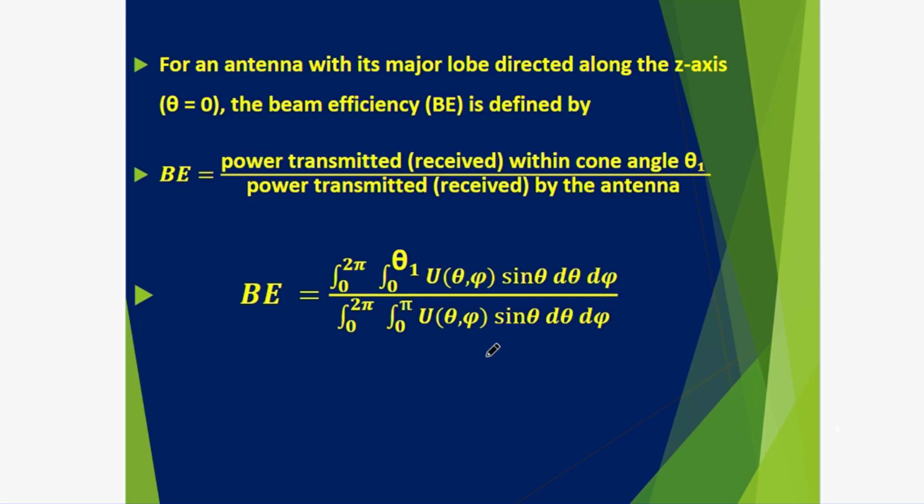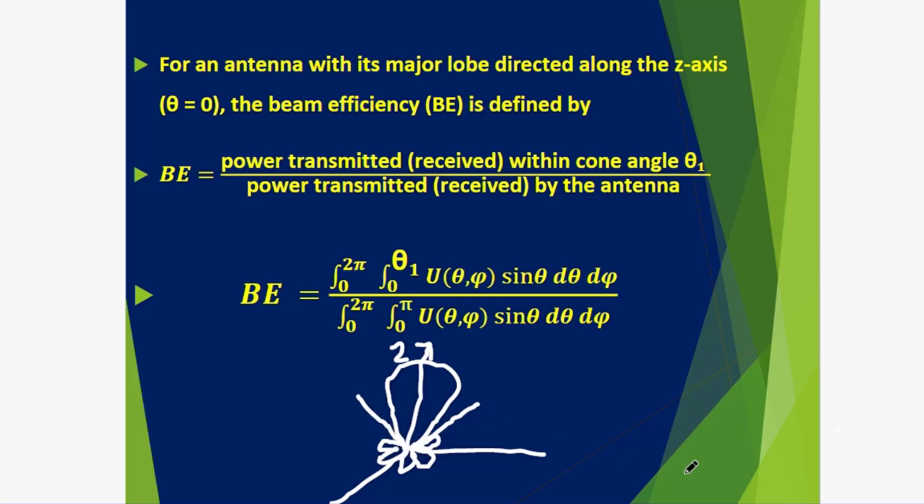I'll explain the concept. This is the z-axis, and suppose the main beam is like this, and these are some minor lobes. What about these points? These are the first nulls at which the radiation is 0.